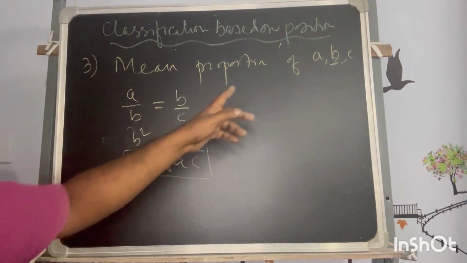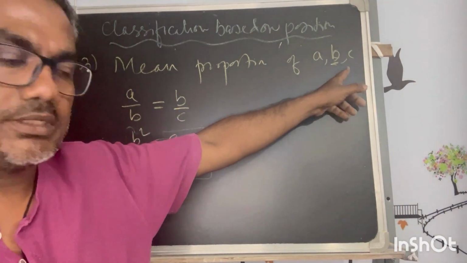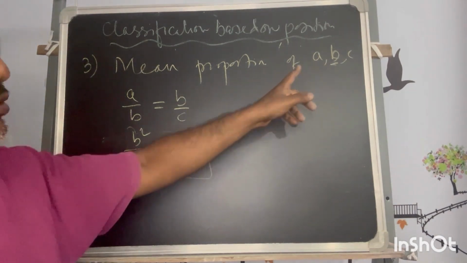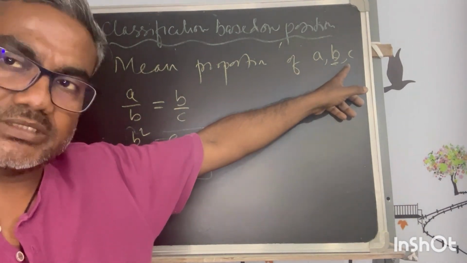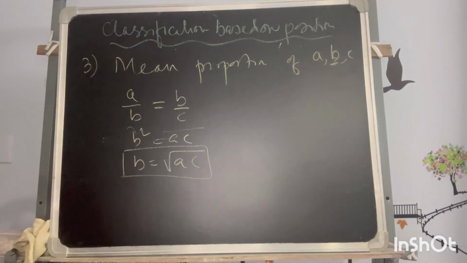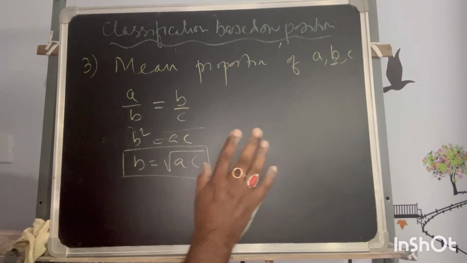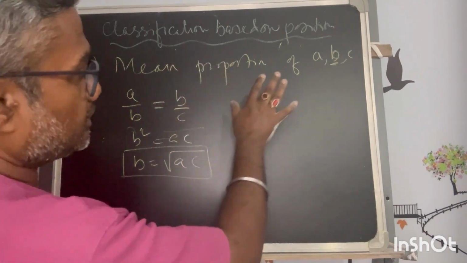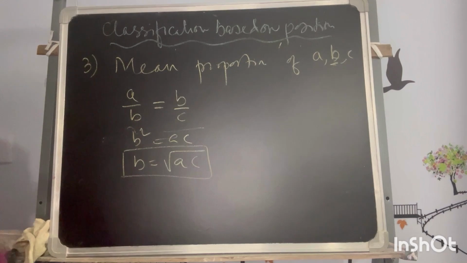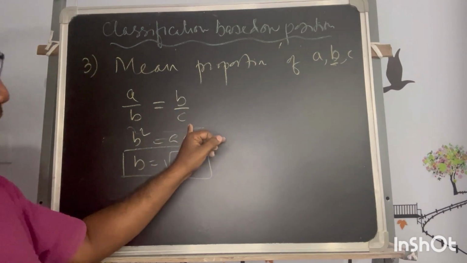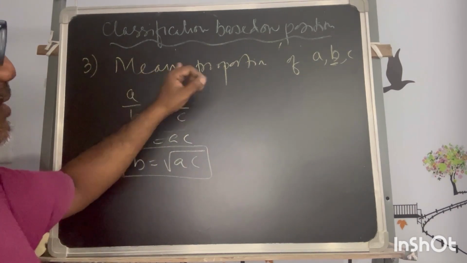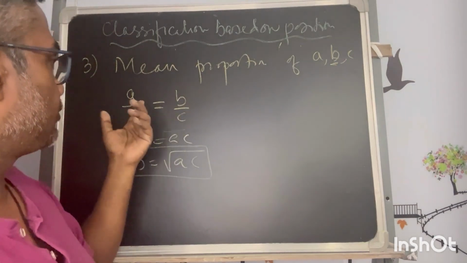This is always for three quantities. Okay, so you have to understand and you need not remember, because whatever I am explaining, accordingly you will get a similar kind of problem. So if there are three quantities, you have to get it like that.